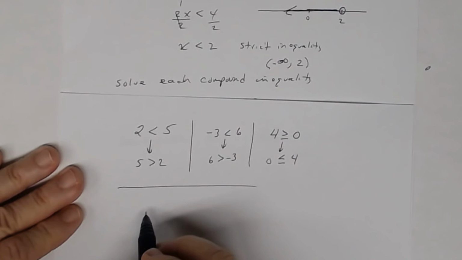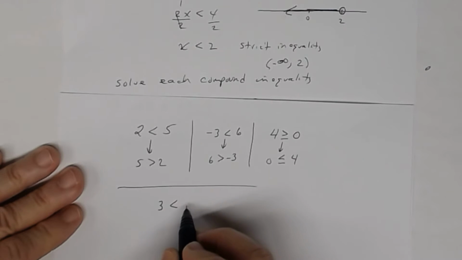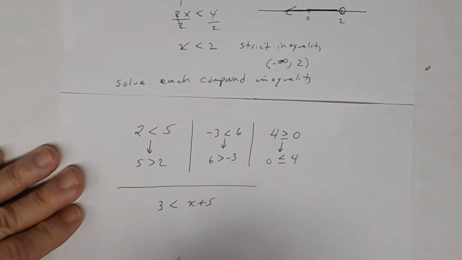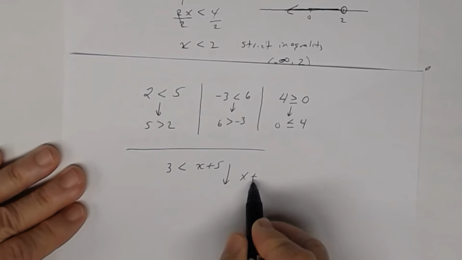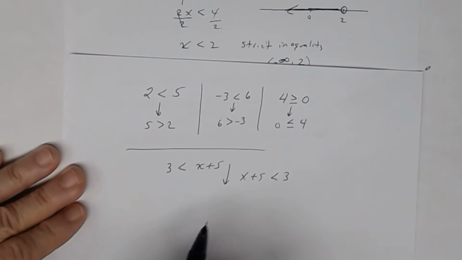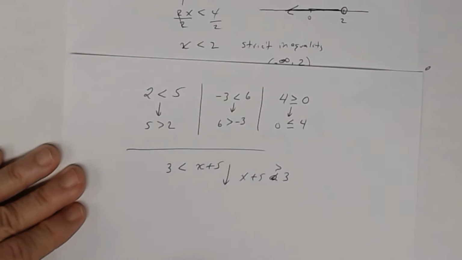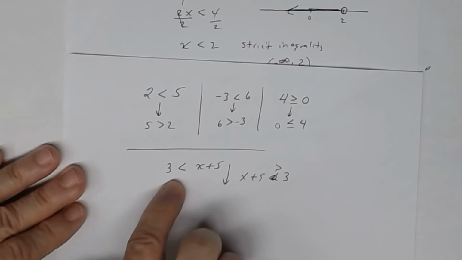So if I tell you that 3 is less than x plus 5, then what else can you say? You can say x plus 5 is, I'm sorry, greater than 3, right? So if 3 is less than x plus 5, then x plus 5 must be greater than 3.